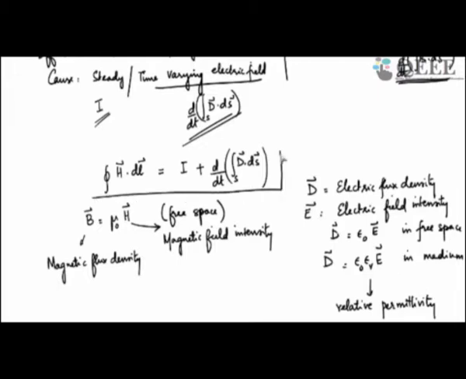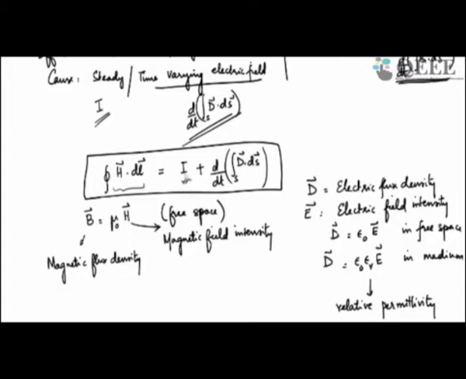So, this is your Ampere's law. Even though it looks a little complicated, actually it is not. It tells you how much magnetic field is produced. Similar to electromotive force, you can think of this as a magnetomotive force. And what does the right hand side say?